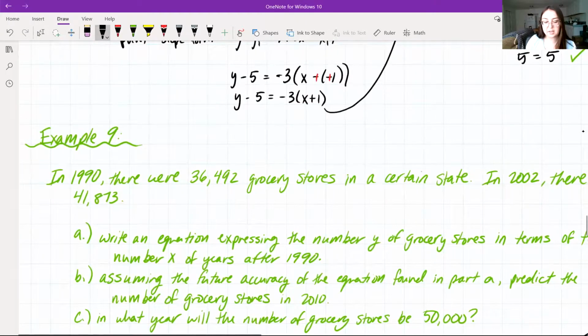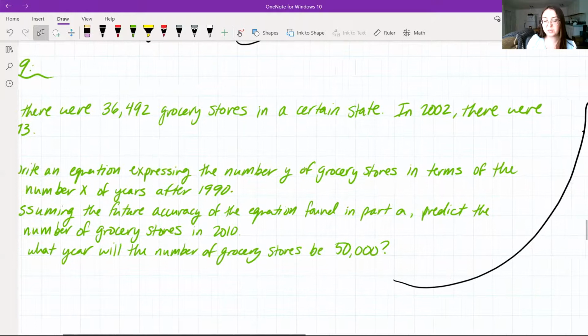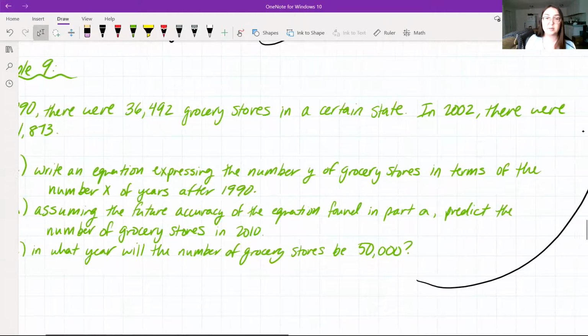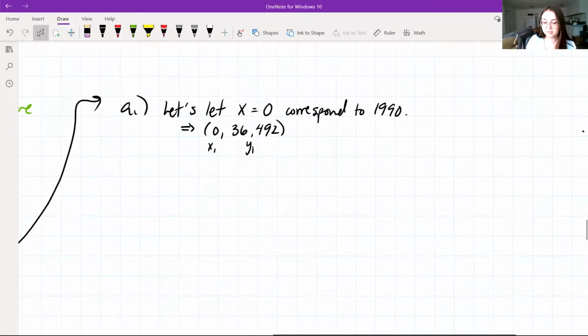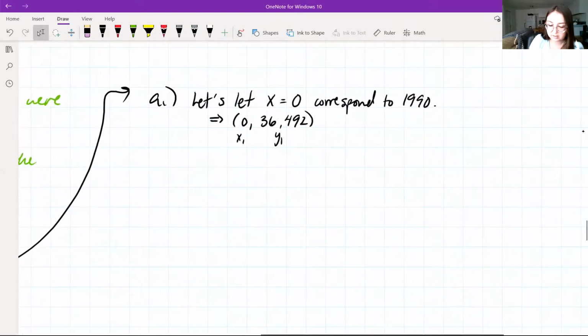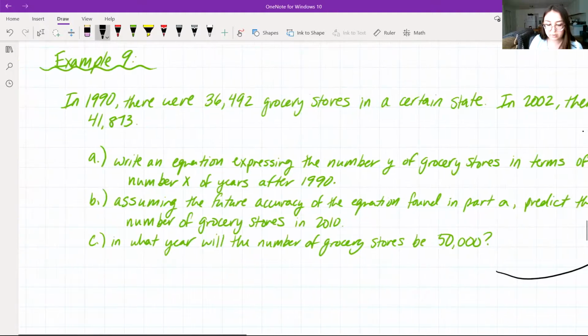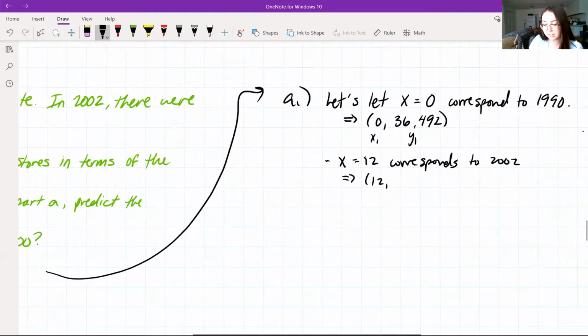So if this is the case, we also have a value for 2002, which essentially would be x equals 12. Then we also get x equals 12 corresponds to 2002. And this gives us (12, 41,873).